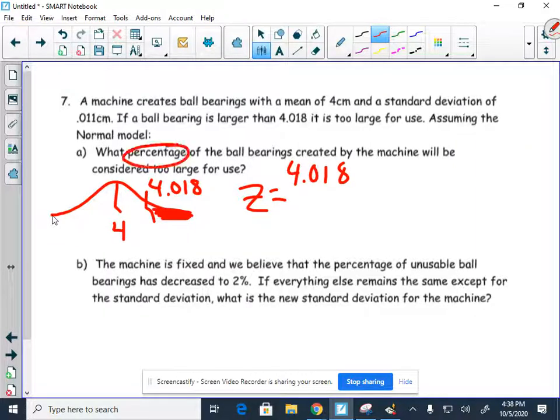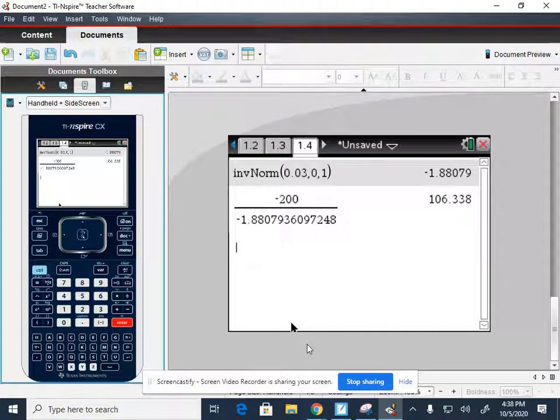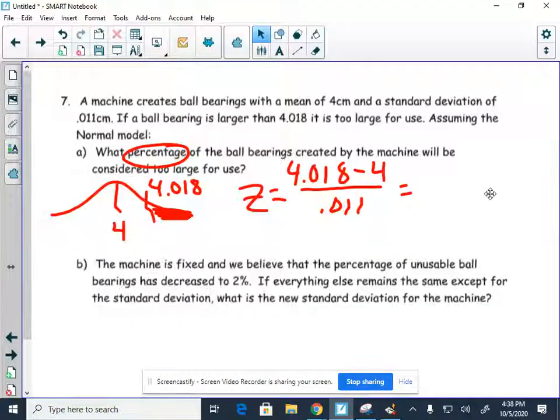We're looking for a percent, so that means we're going to use inverse norm. First, we'll find this z-score. Z-score should be 1.64.